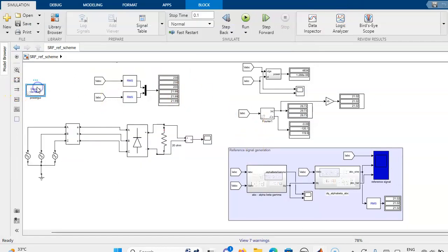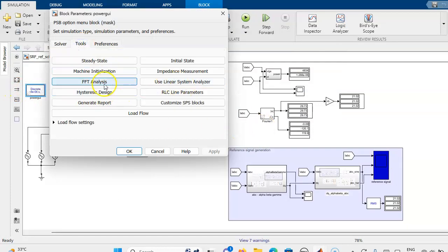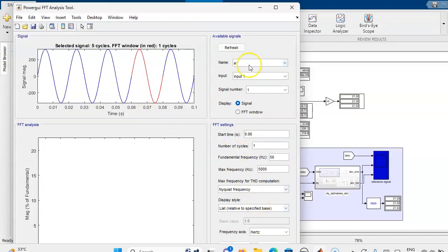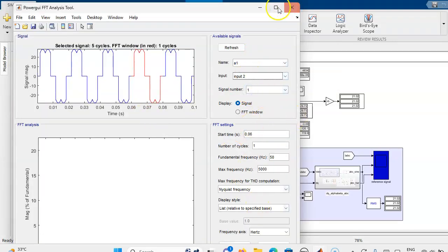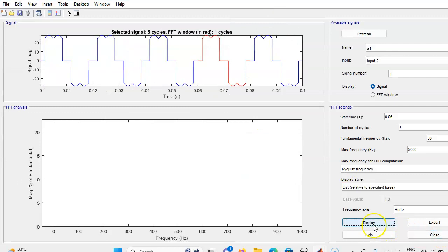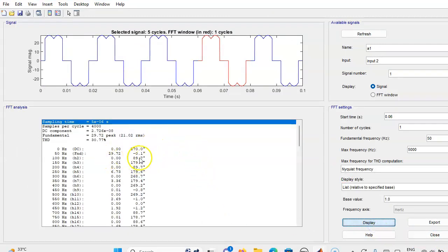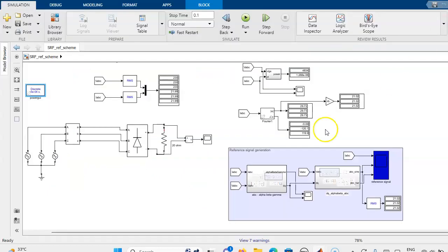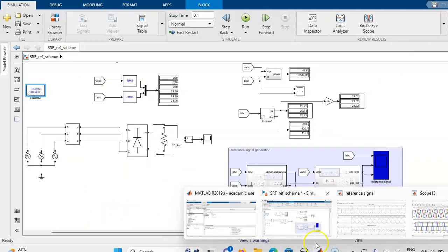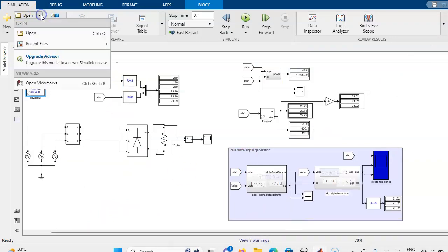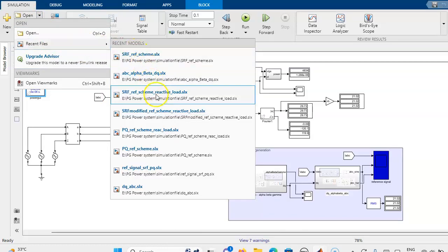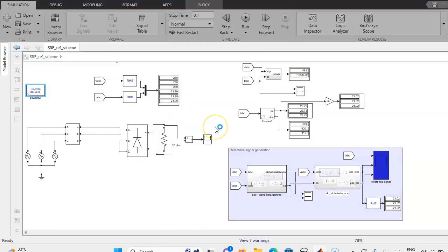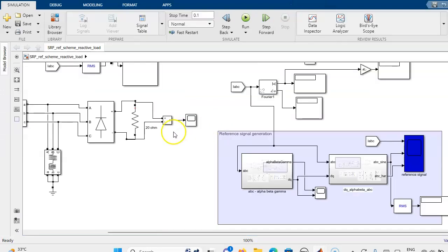Here if you see this FFT analysis, the fundamental phase angle is 0. So the fundamental angle is 0, only the reactive current is due to the harmonic current. Suppose you are connecting a reactive load, whether the same reference signal can be used for the reactive load also. We will verify that also.